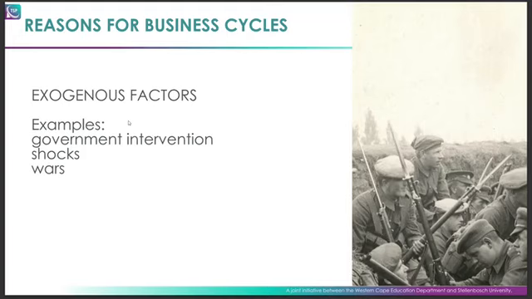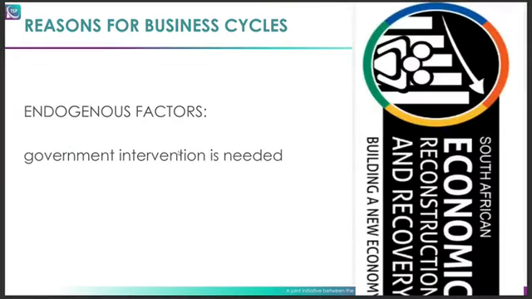They believe in the invisible hand theory, where they say that your market forces of demand and supply will fix any problems within the market. So therefore, you don't need government to intervene at all. And then another reason we have is the endogenous factors.